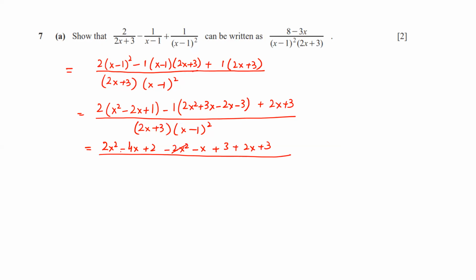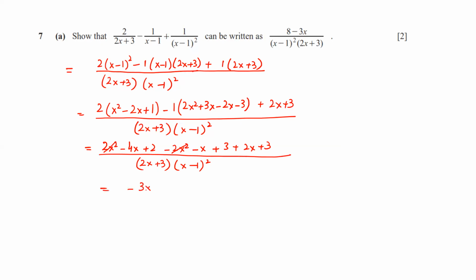Okay, so the 2x square cancels out with minus 2x square, over 2x plus 3 into x minus 1 whole square. So minus 4x minus x plus 2x gives minus 3x.